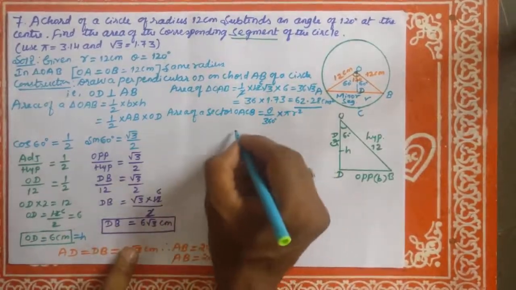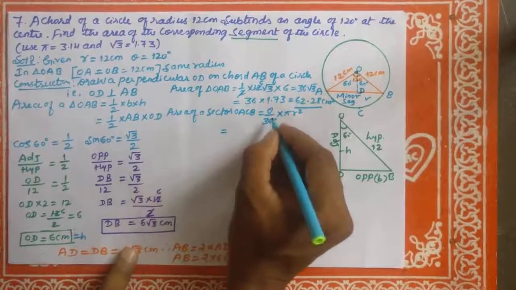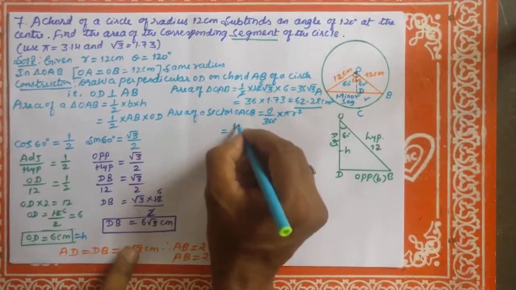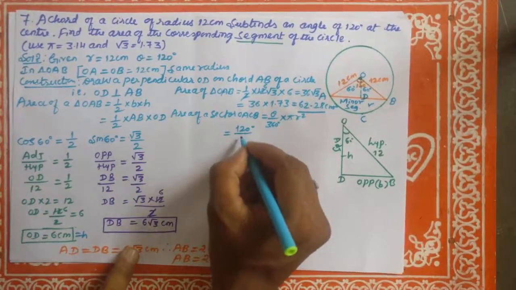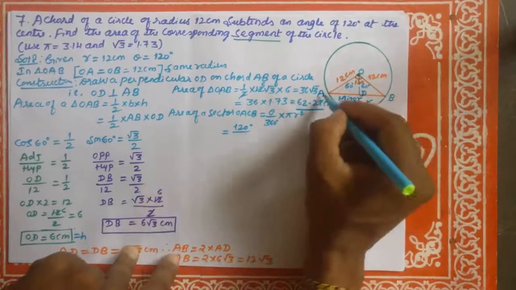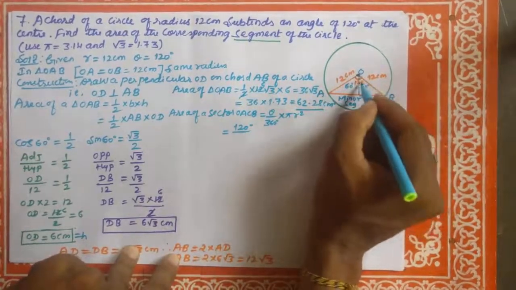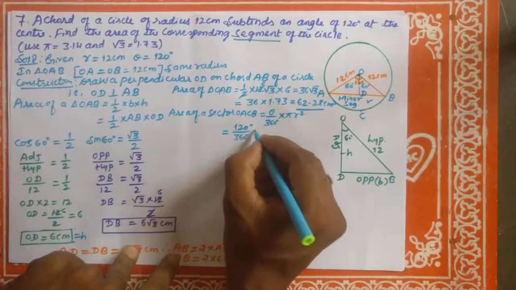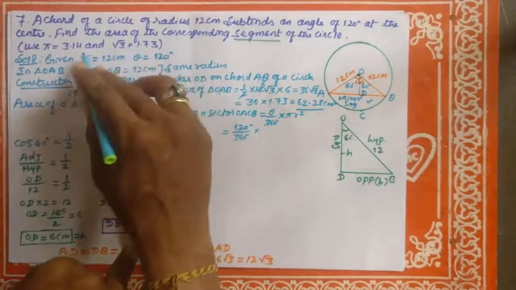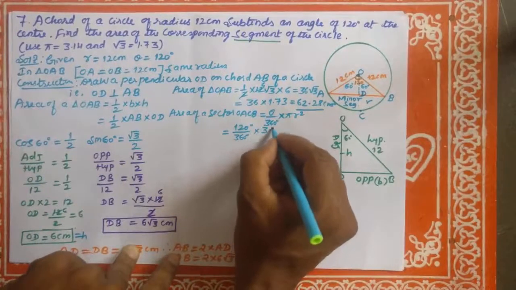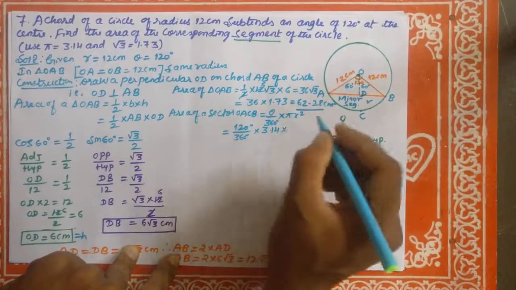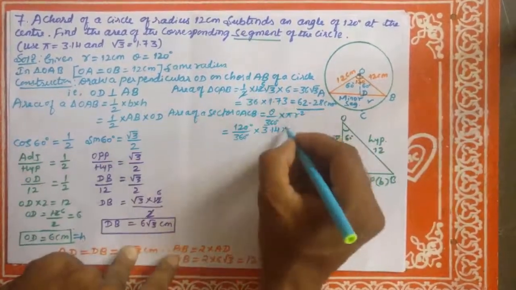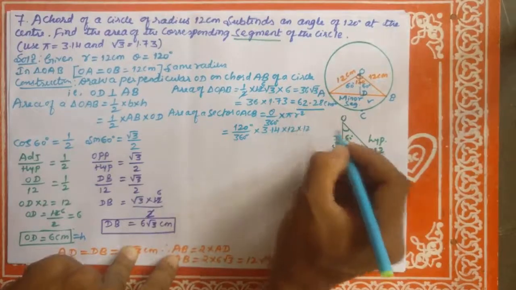We have to put those values. Theta is equal to 120 degree. For sector OACB the sector angle is 120 degree, divided by 360 degree, into pi value 3.14, as they have given, into radius 12 centimeter, 12 into 12.